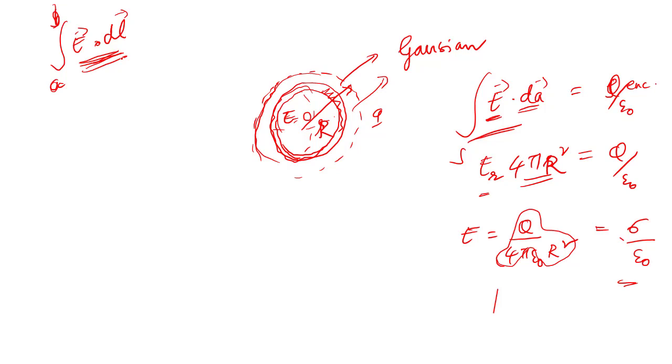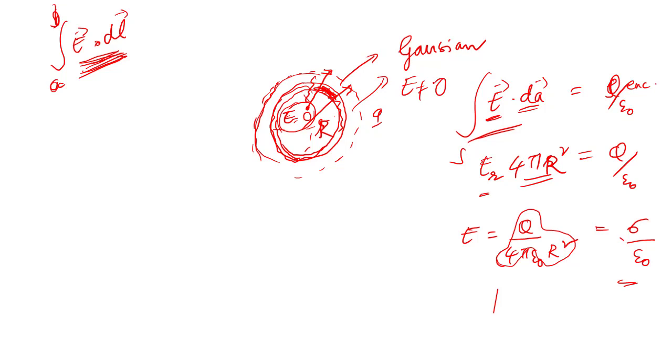But if I were to go from inside the shell to outside the shell, there is some charge in between that is not being considered. So at the boundary, which electric field should you consider for this integral? Should you consider the electric field inside to be 0 or the electric field outside, which is not equal to 0?